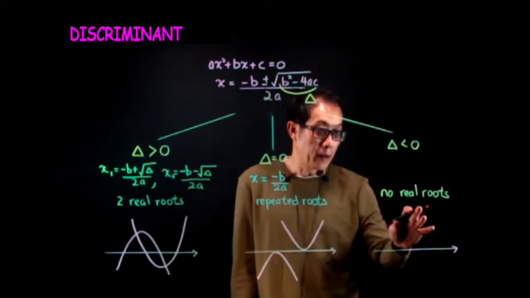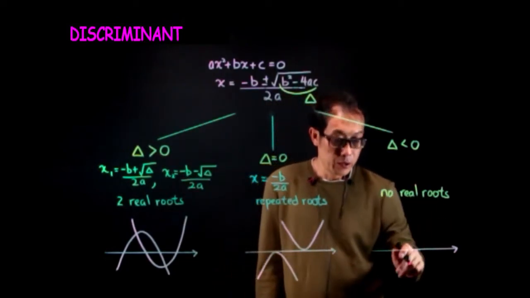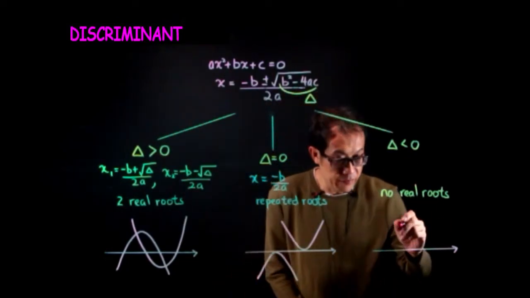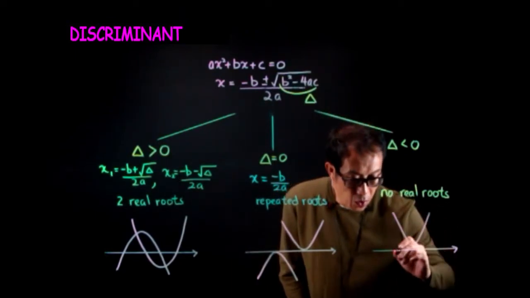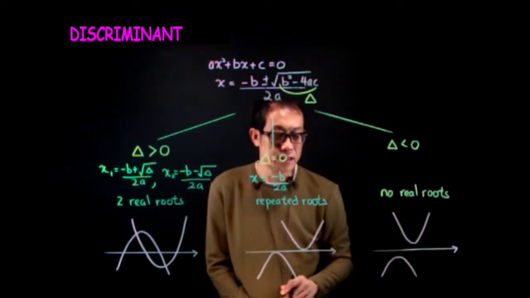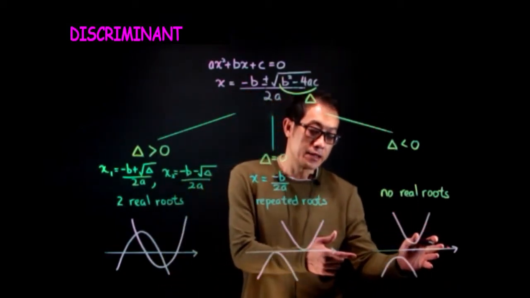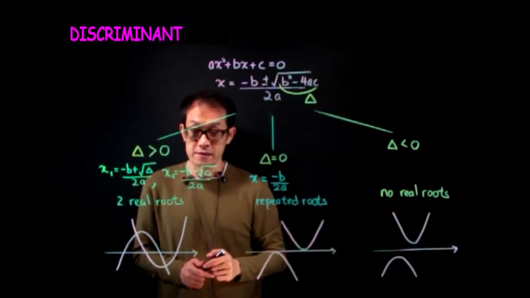If a is less than 0, it will be a maximum graph. Now, how about when your discriminant is smaller than 0, or no real roots? Then you find that the graph is always above the x-axis or always below the x-axis. It cannot cut the x-axis or even touch the x-axis.